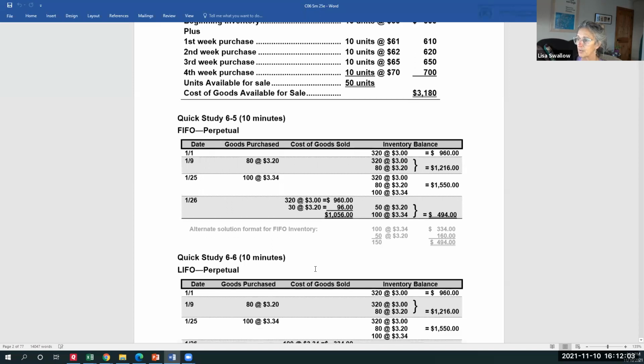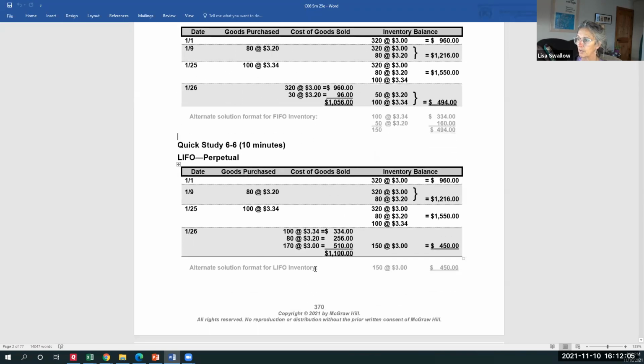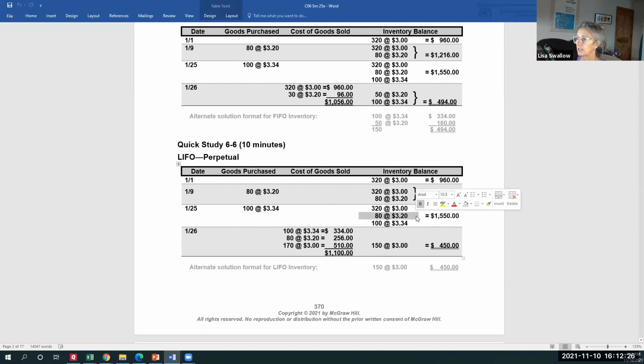Okay, same spreadsheet for LIFO. There's nothing different here. I'm still bringing in these different batches at the different prices or the different cost bases. But this time when I sell 350, last in, first out, I've got to go up the column. So I pull 100 from here. I pull 80 from here.